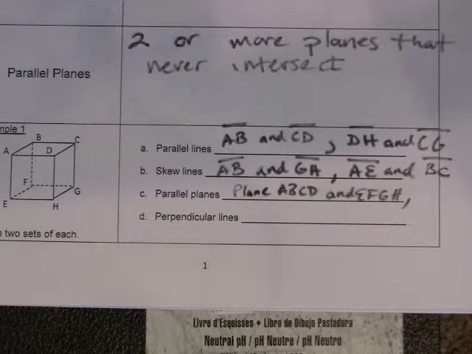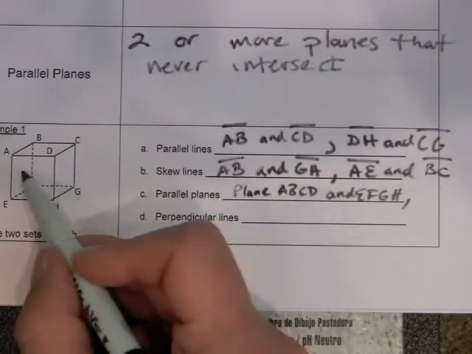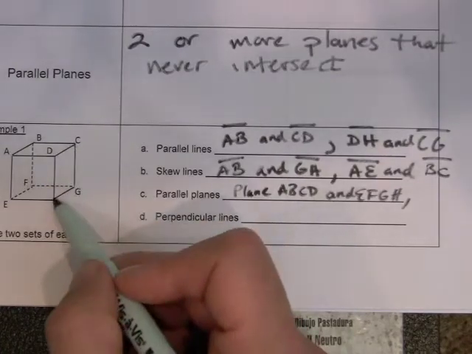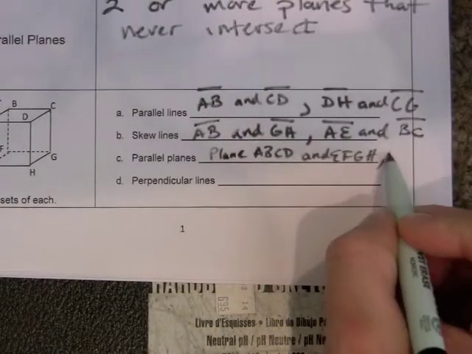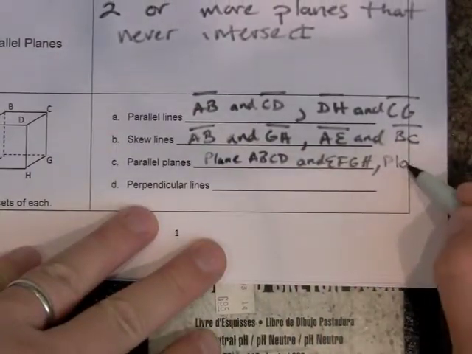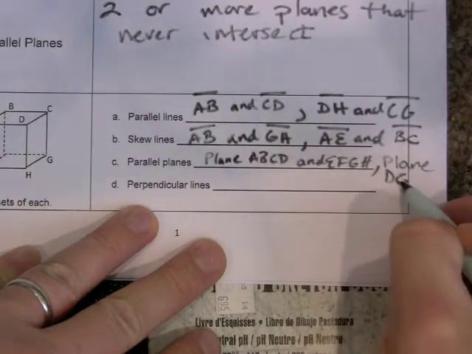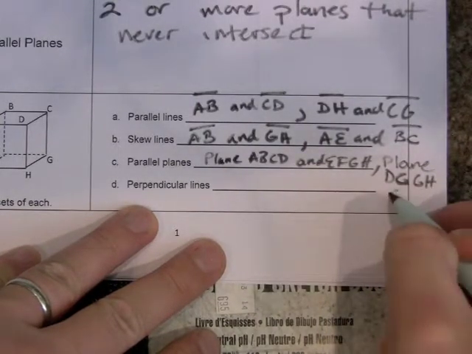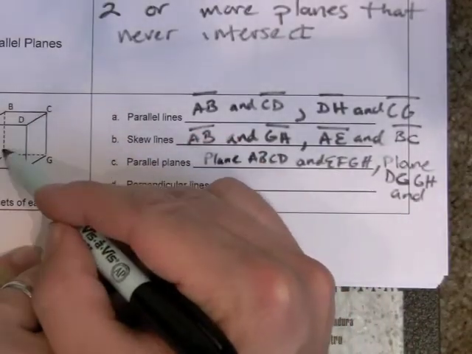Okay, another example could be the right and left side here. This one, DCGH, and that is parallel to ABFE.